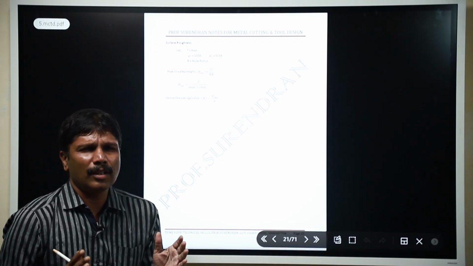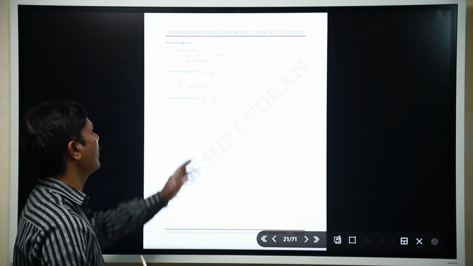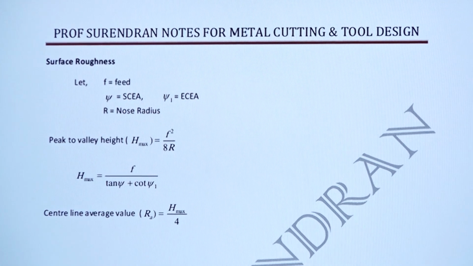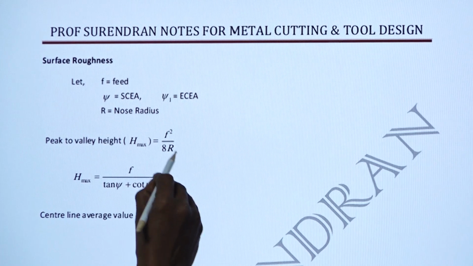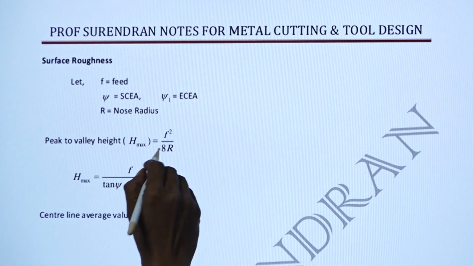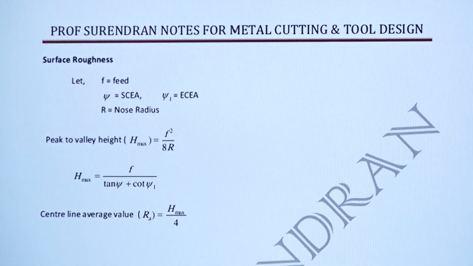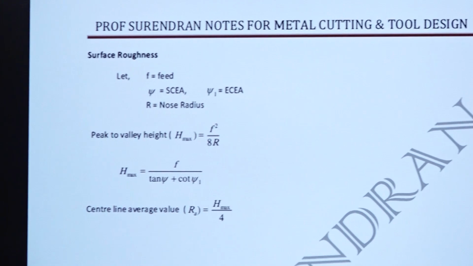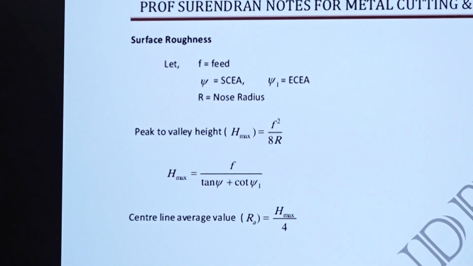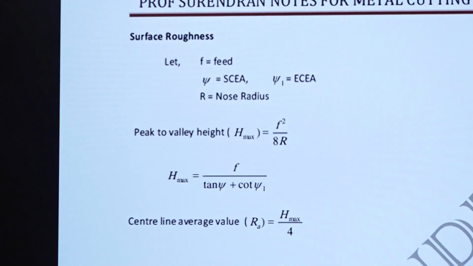So we have sharp tool and curved tool. Peak to valley height can be calculated by using these two formulas. The first formula is for nose radius: h max equal to f squared by 8. Another formula: h max equal to f by (tan psi plus cot psi), and the center line average equal to h max by 4.